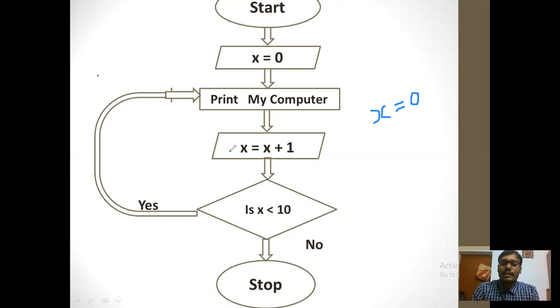But now what is it saying? x equals x plus 1. So x plus 1 means x equals 0 plus 1. What will be its value? 0 plus 1 equals 1. Now x has become 1.